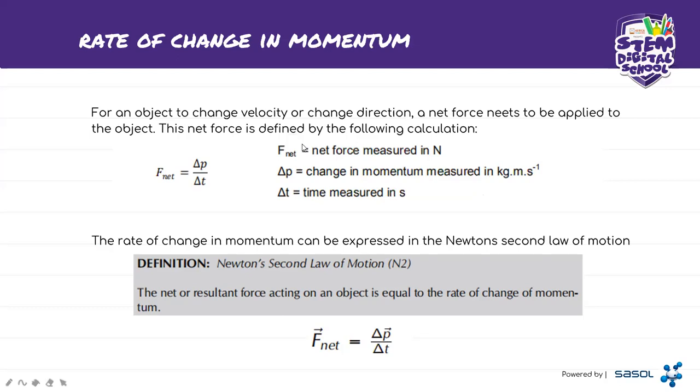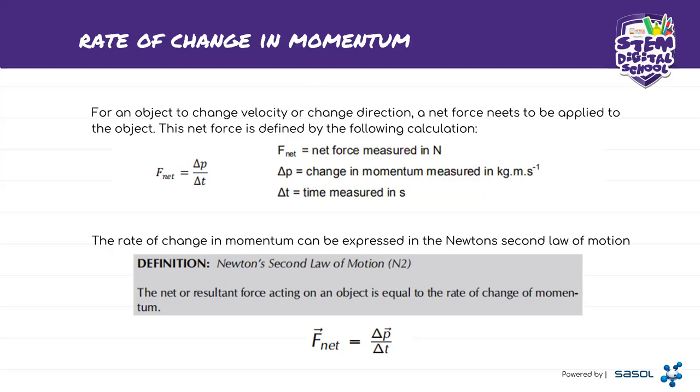So we know this net force is either going to be given or it's going to be required for us to calculate. The change in P is obviously the final momentum minus the initial momentum, and that's going to give you your triangle P. You can always either calculate it separately or calculate it within your calculation.